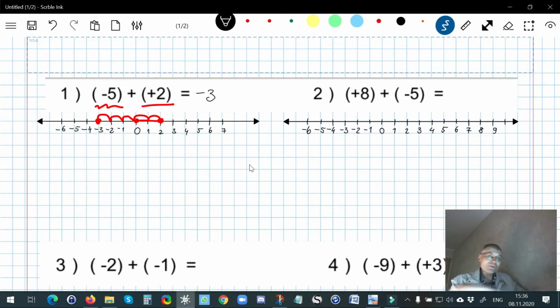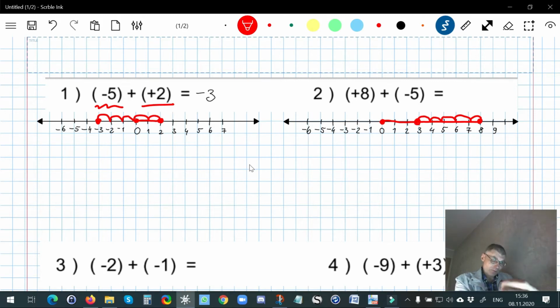We'll do it in the same way, by using the number line. First, I must go in the positive direction 8 steps. Here we go. And then in the negative direction 5 steps. 1, 2, 3, 4, 5. I end up at +3. So this is my answer.